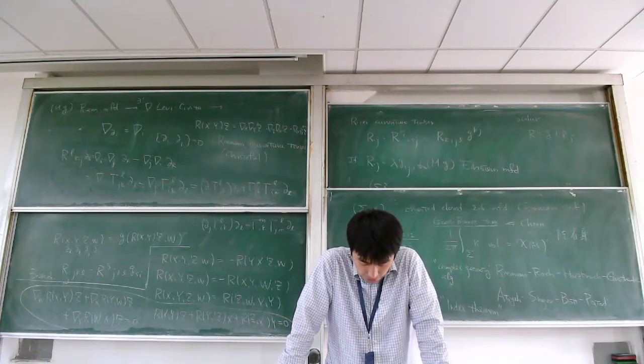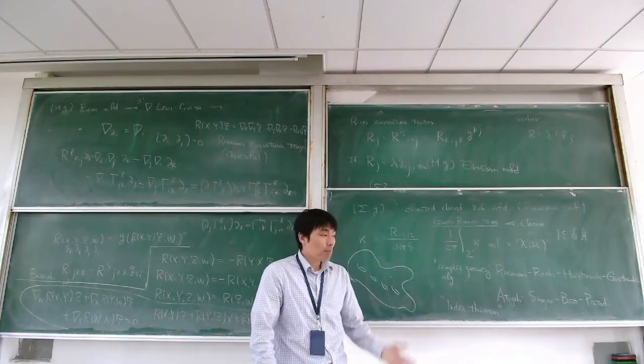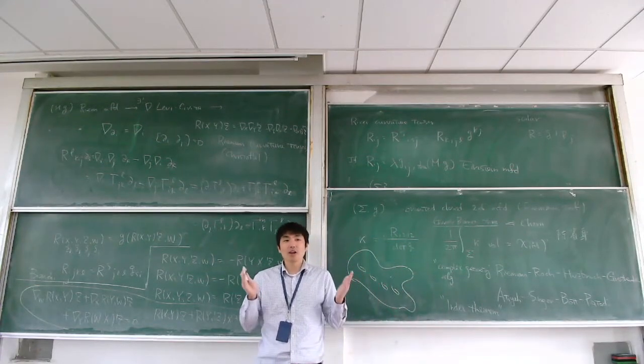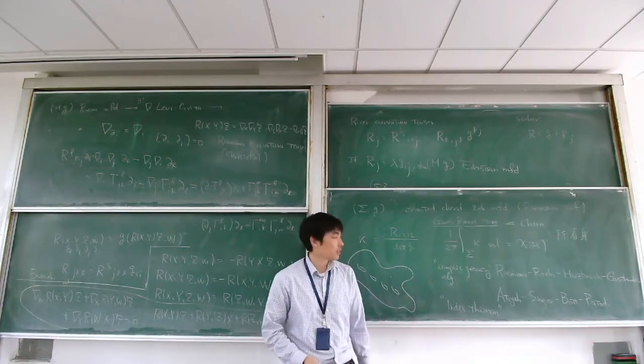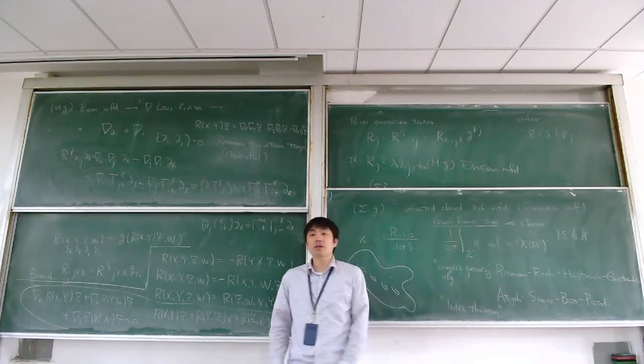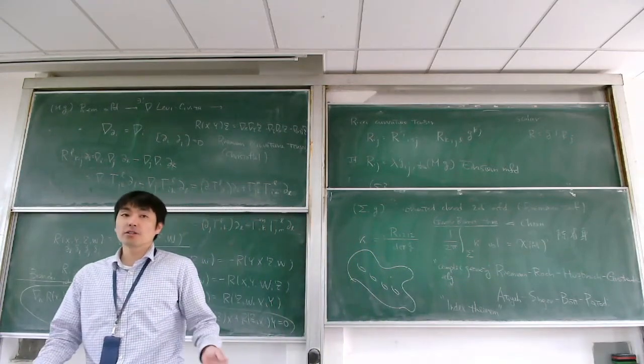So one slogan is local to global, and the other is to connect two different areas of mathematics. These are very important theorems in mathematics, and they are often used in physics.